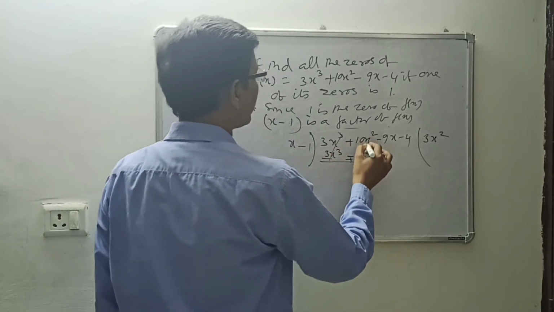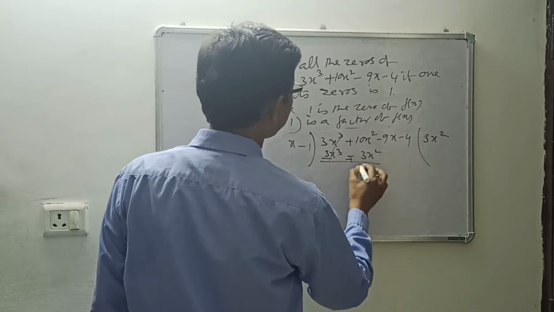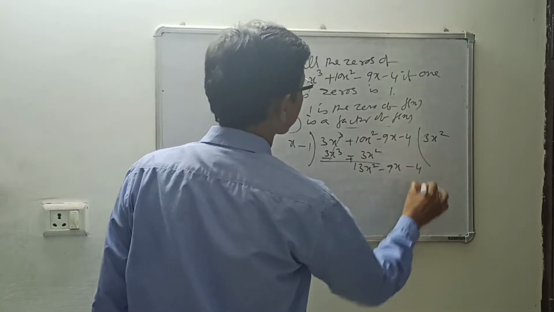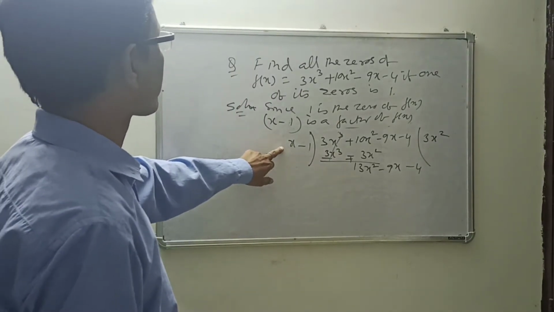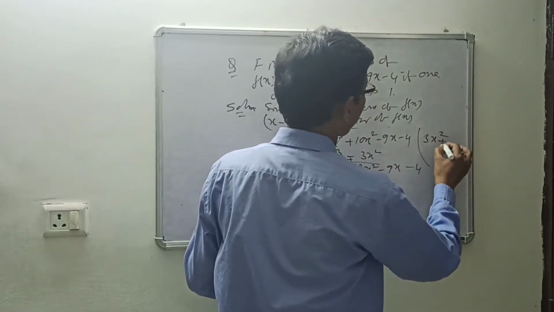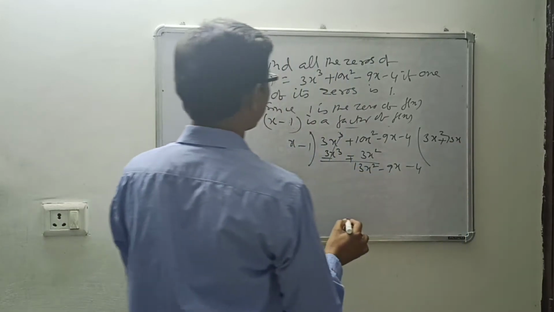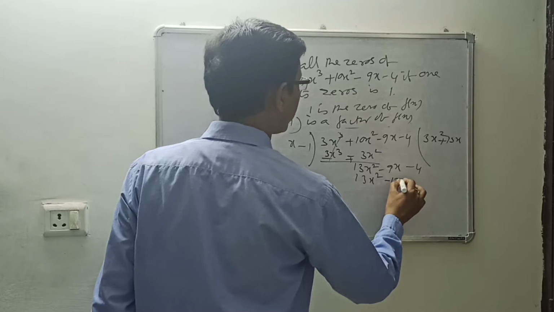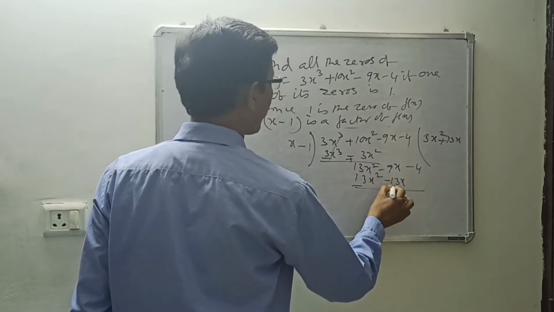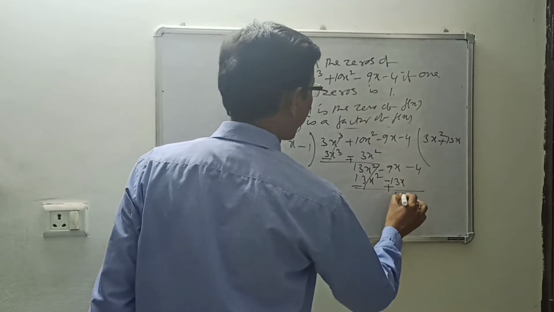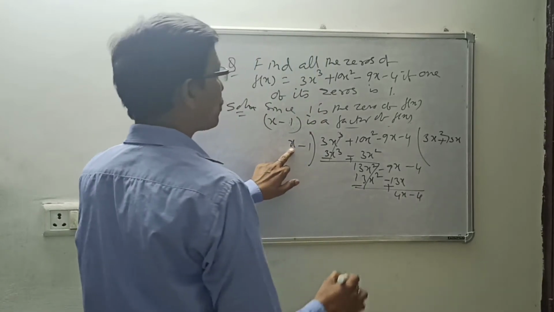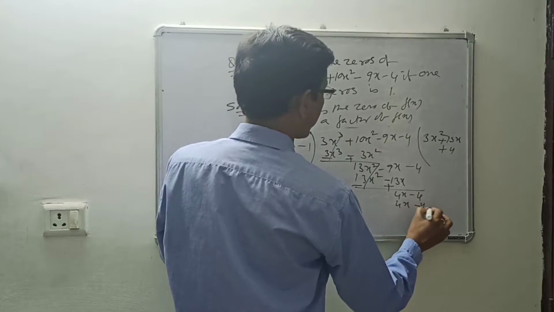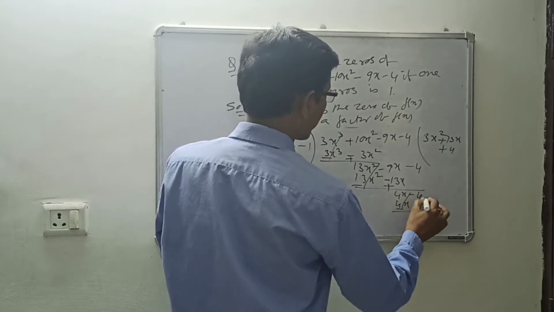It will cancel, so 10 plus 3 gives 13x square minus 9x minus 4. It will go again by plus 13, so 13x square minus 13x. So you are having 4x minus 4, it will go plus 4, minus 4, so it is cancelled also.